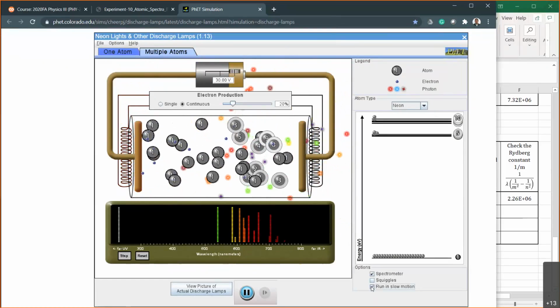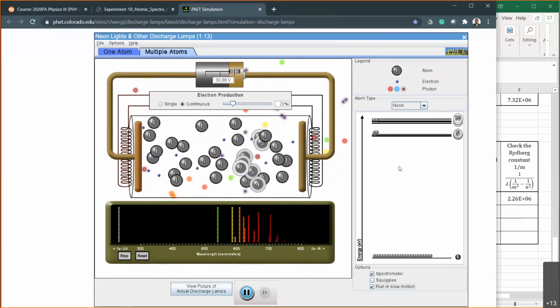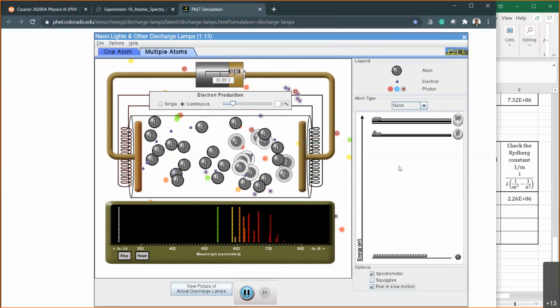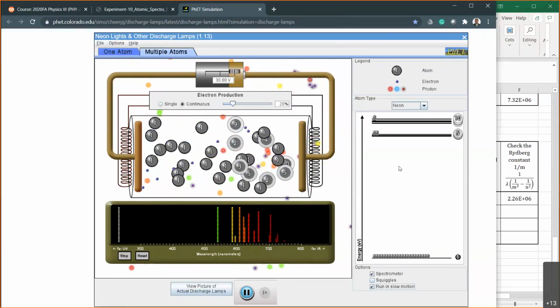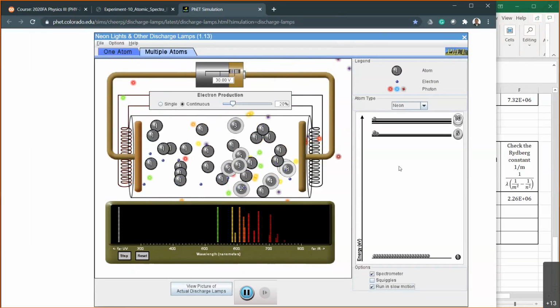Let's run in slow-mo mode to see whether we can see it. Maybe we can identify, because the photon going out actually has the color. If I recognize the exact point where the photon goes out, that way I can record it.